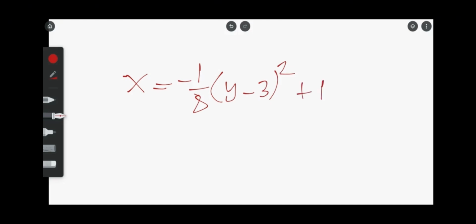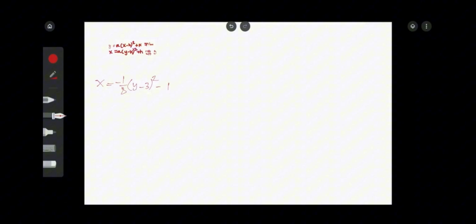You know what? Let's make it a negative one. Yeah, that's better. How do we graph this? So we want to know how to graph this equation. You just have to know your basics.